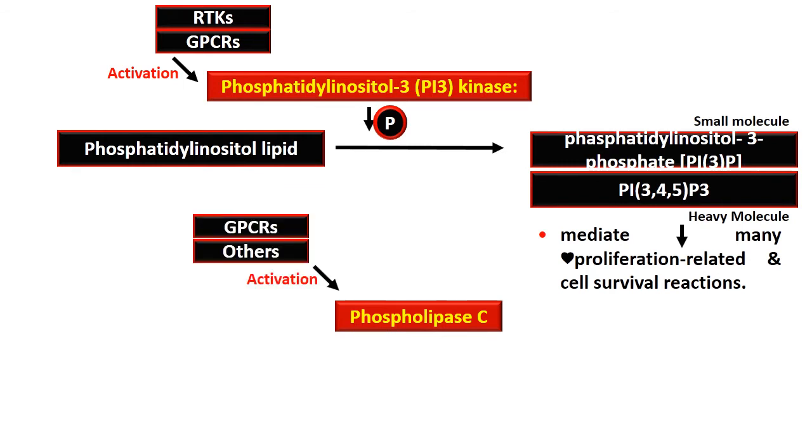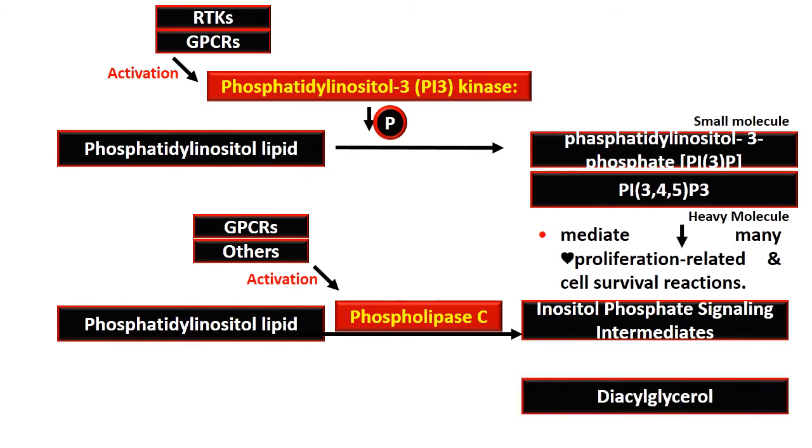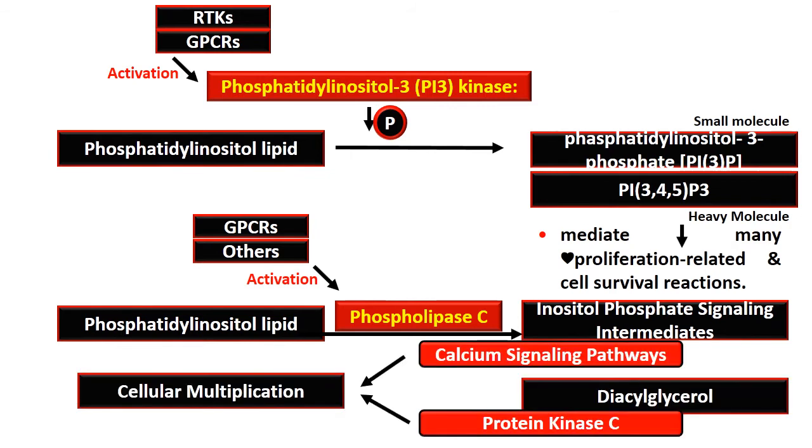The phospholipase C is also activated by G protein coupled receptors and other receptors, and it divides the phosphatidyl inositol lipids into inositol phosphate signaling intermediates and diacylglycerol. Both of these are responsible for the cellular multiplication.